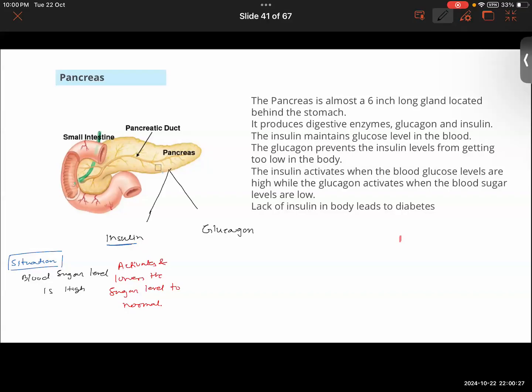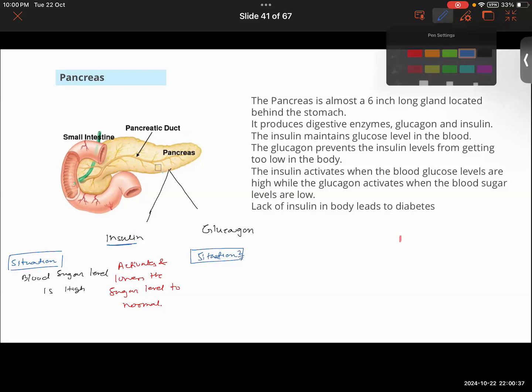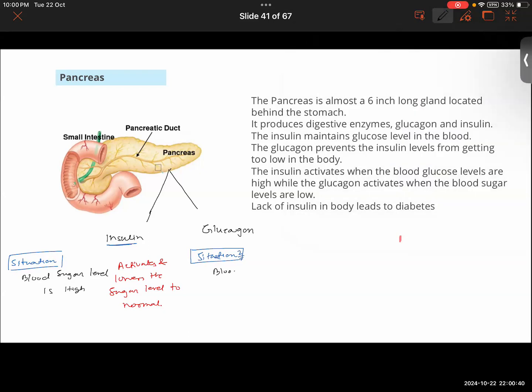Further, in another situation, suppose that the blood sugar level drops too low. Situation 2 says that if blood sugar level is too low, then the glucagon will be signaling the liver. It sends the signal to the liver, or we can say it stimulates the liver.